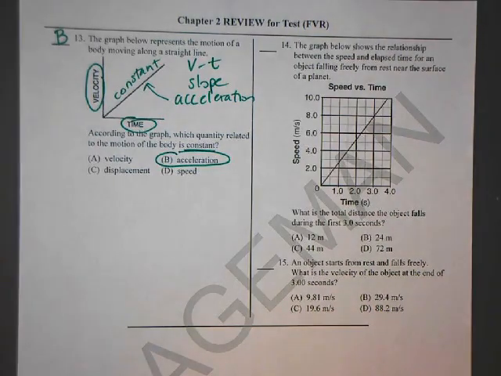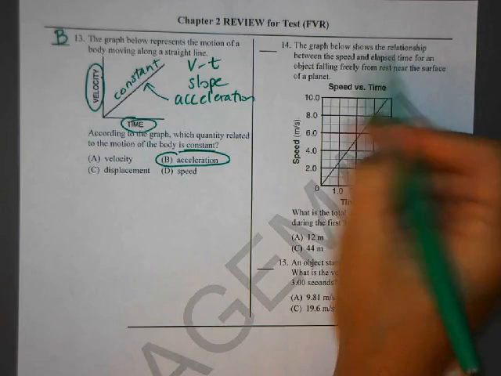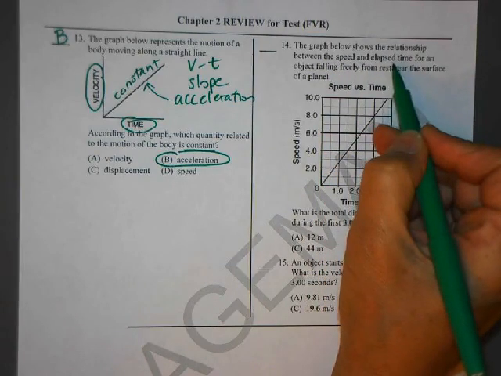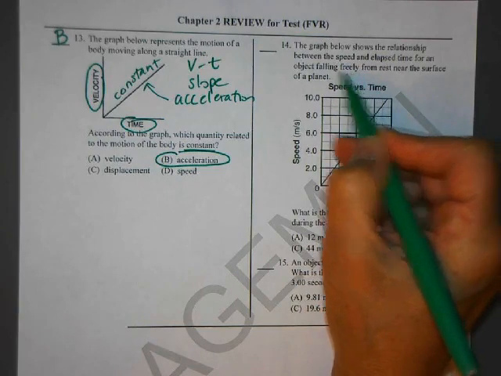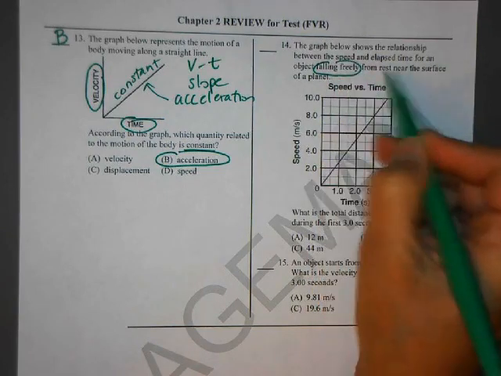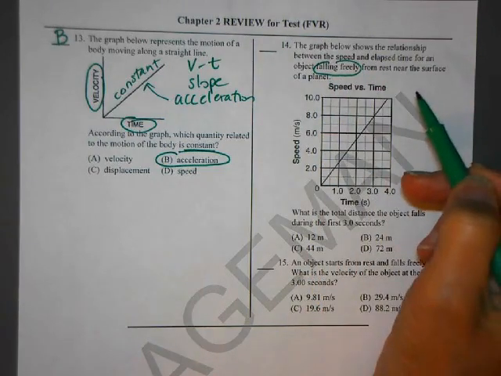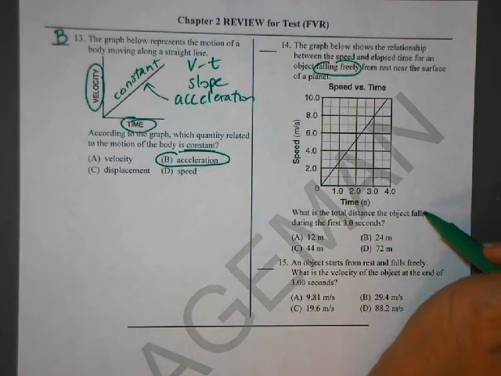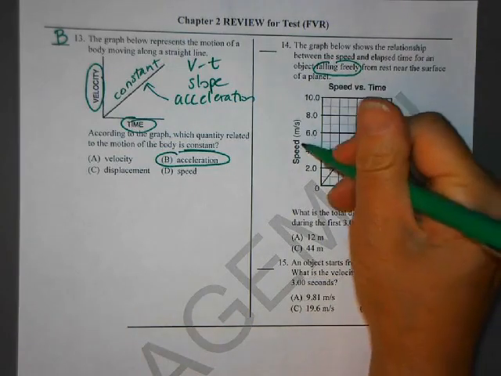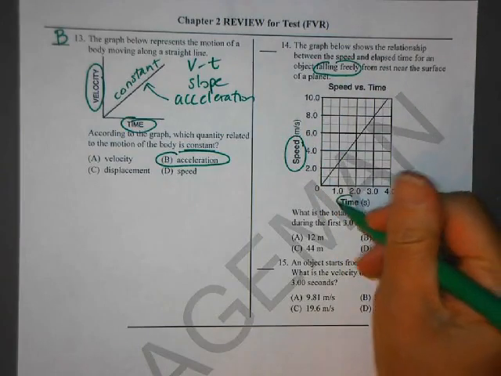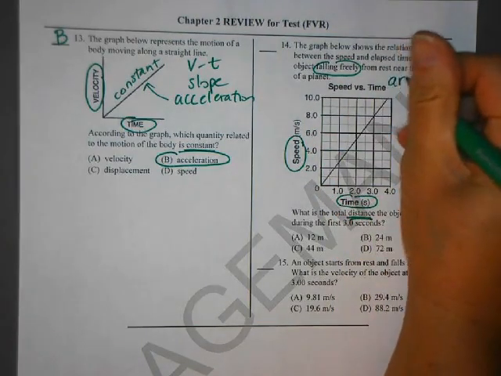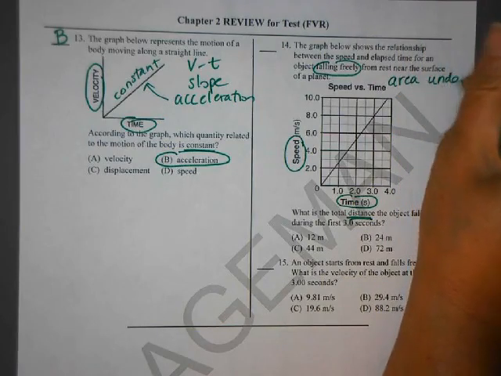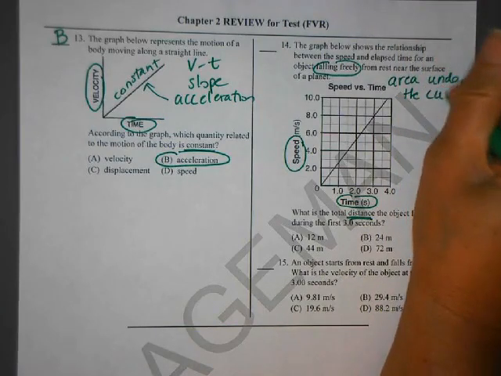Number 14. The graph below shows the relationship between the speed and the elapsed time for an object falling freely, so this is free fall, from rest near the surface of a planet. What is the total distance the object falls? On a speed versus time graph, the distance is the area under the curve.